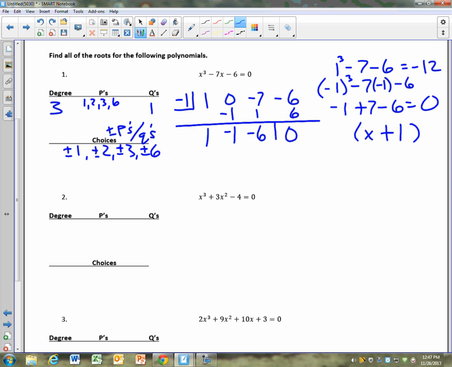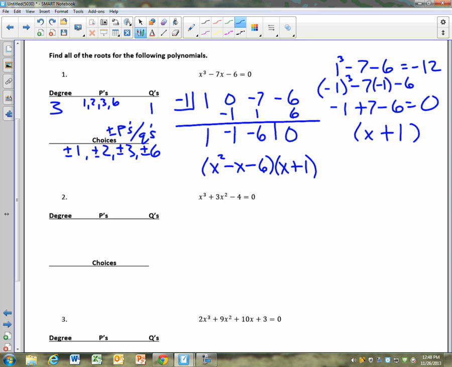You should always get 0 for the remainder with your synthetic division. If you don't get 0, you made a mistake, so go back and check your work. So that means that I have x squared minus x minus 6 times x plus 1. Right away, I asked you the question, does that original polynomial factor? And it sure didn't look like it factored. But it does.